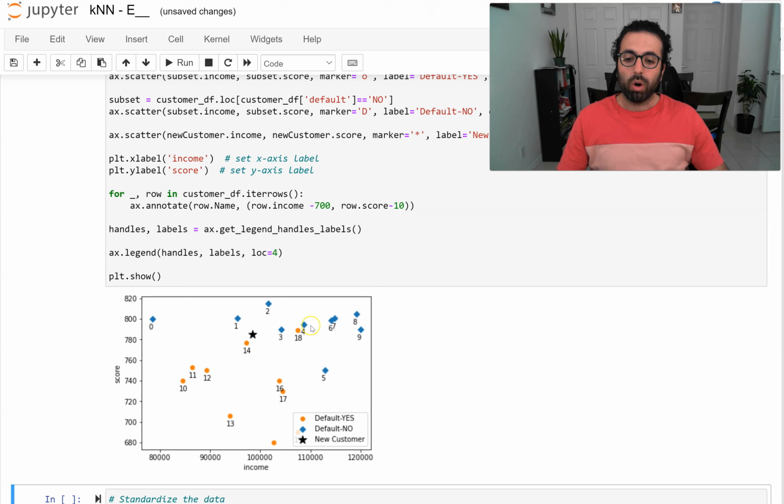And then we also have the orange dots, which are the customers who have been in default, right? And there is this new customer, and based on this 20-row data set, I want to come to a classification or a prediction for this new customer. So that's what we're trying to do.